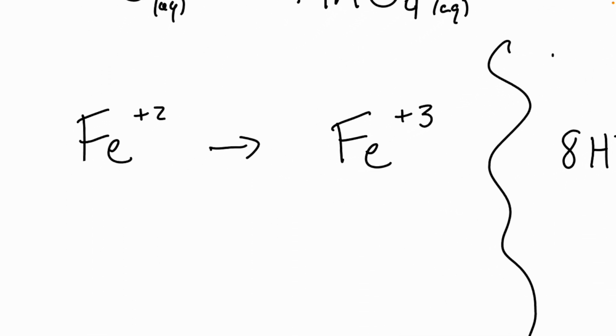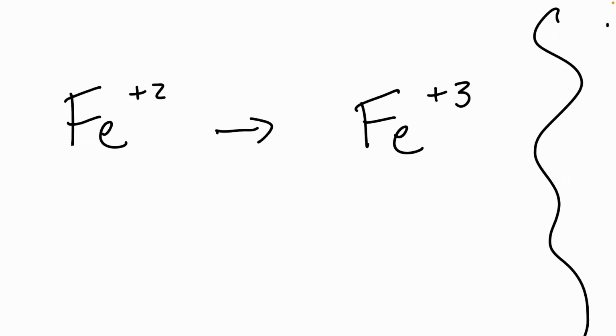Let's look at this half reaction here. What is the net charge on my reactant side? +2. And what's the net charge on my product side? +3. So these are not charge balanced. I have a different net charge on the left-hand side than on the right-hand side, and I need them to be the same.